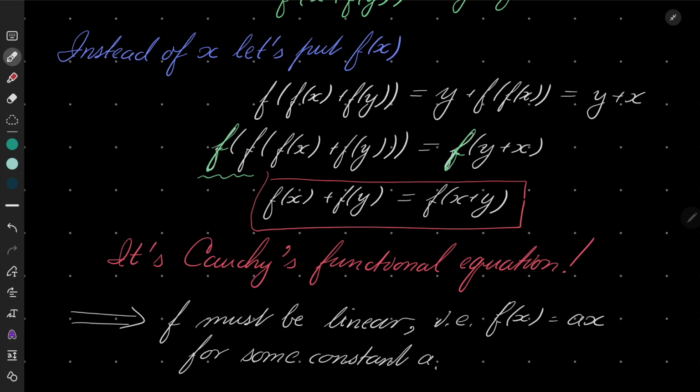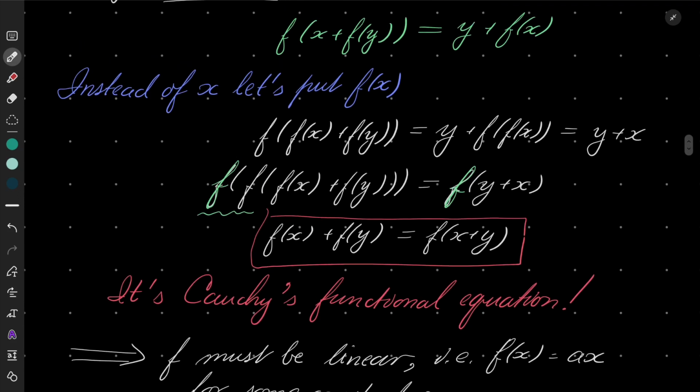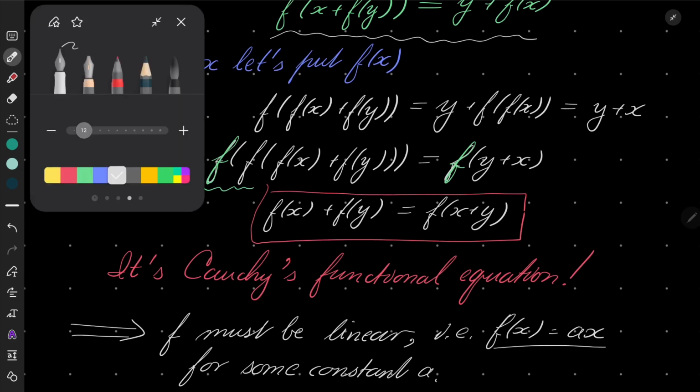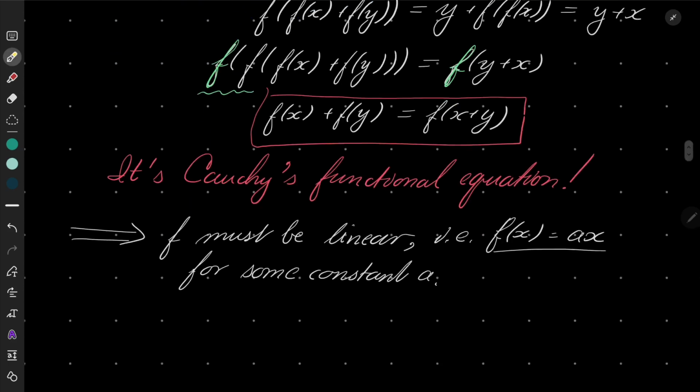Now it's very important, it cannot be omitted: we need to verify this result. So we need to take our original functional equation, put this formula in, and see if it is satisfied. So let's do exactly that. Verification step.